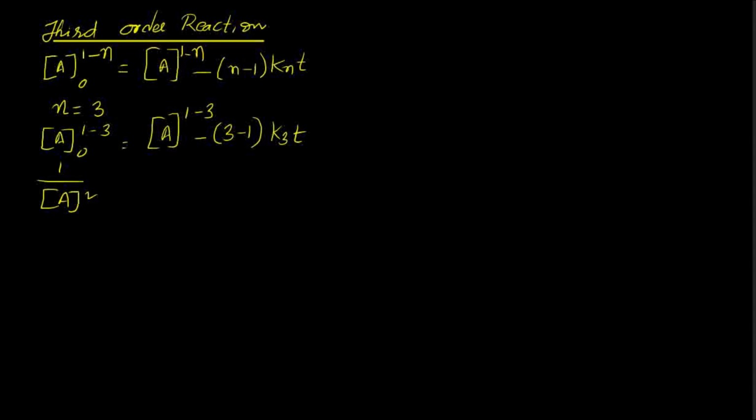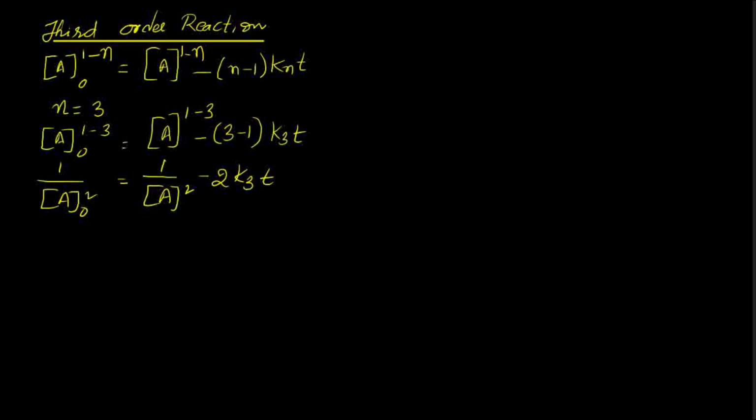This is the A naught. And here also A power 1 minus 3, A power minus 2, that means 1 by A power 2 minus, and 3 minus 1 is 2, that is 2 K3T.